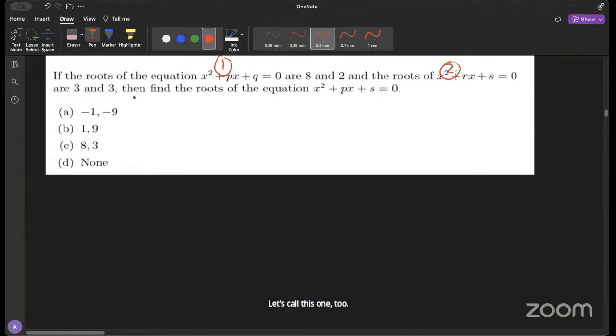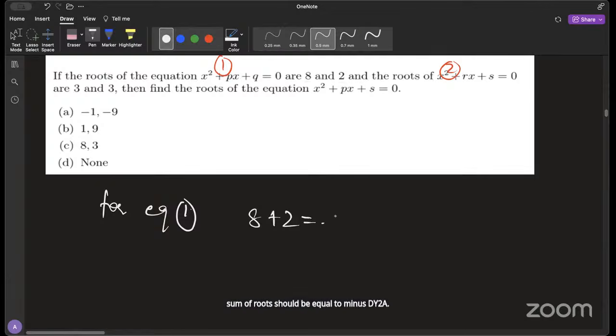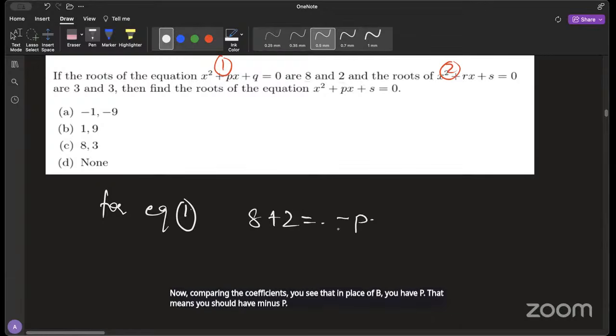Then for equation 1, we know that the sum of roots, these are the roots, right, 8 plus 2, should be equal to minus b by a. Now comparing the coefficients, you see that in place of b you have p. That means you should have minus p by the coefficient of x square.